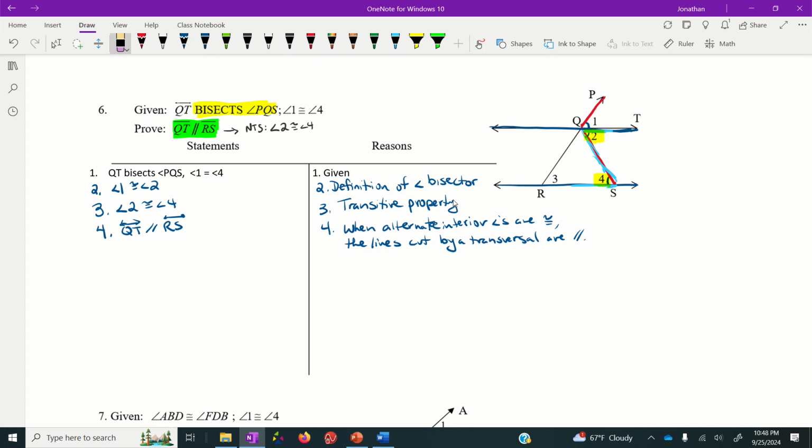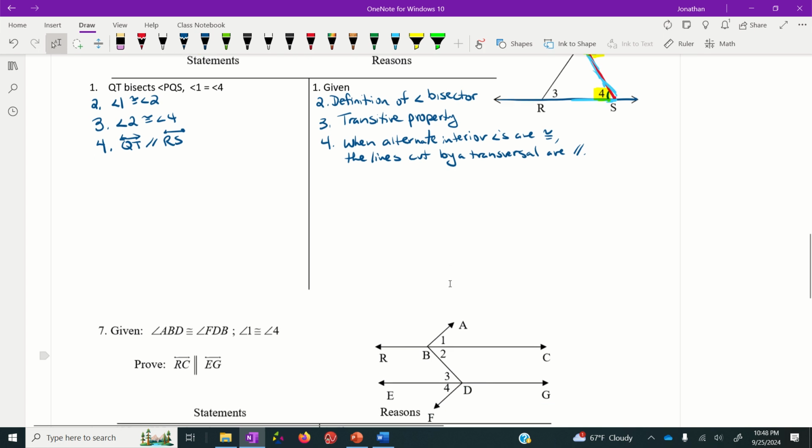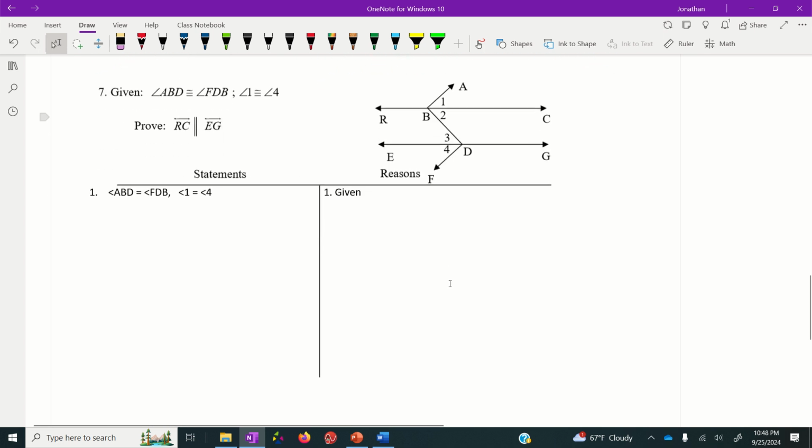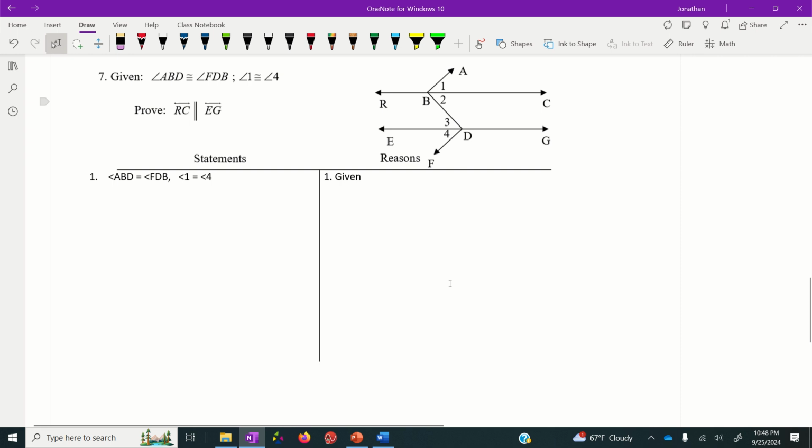All right, I'm just going to fix this. Awesome. Okay, last one, a little bit more involved here. We have two main givens. First, angle ABD, this whole angle right here, is congruent to angle FDB, this angle down here.